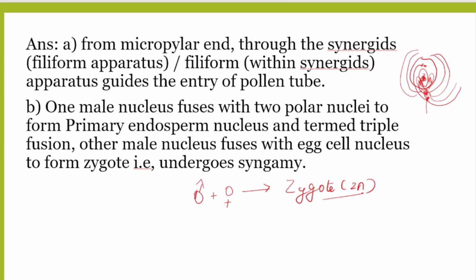So the second one will go and fuse with the two polar nuclei plus the male gamete. We get a primary endosperm nucleus which is triploid. So since three nuclei are fusing, it is called a triple fusion. So since two fusions are happening, one is syngamy, one is triple fusion, this process in angiosperms is termed as double fertilization.